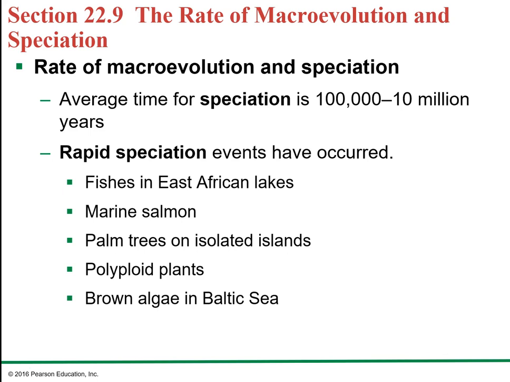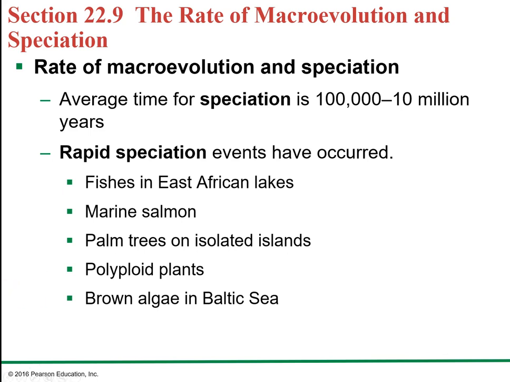I just told you that example was about 3 million years. The average time of speciation is about 100,000 to 10 million years. However, there are examples in which speciation has occurred on a shorter time scale.